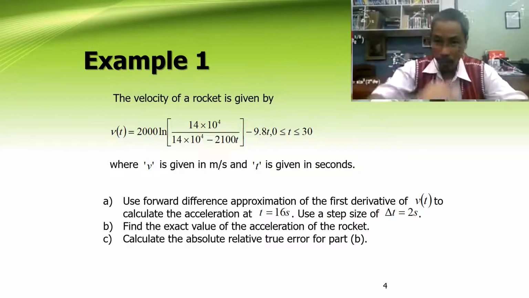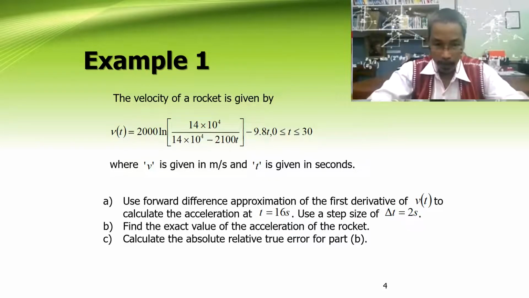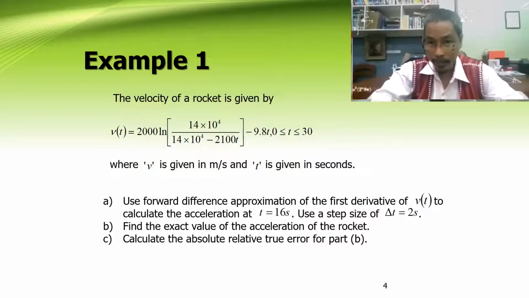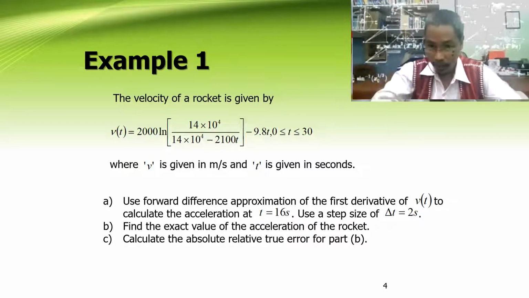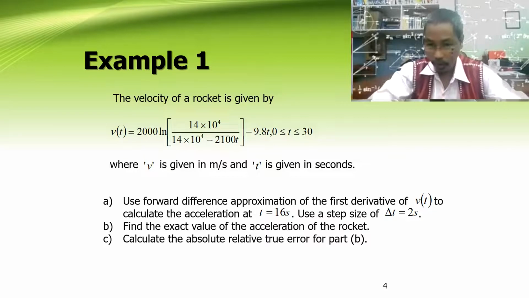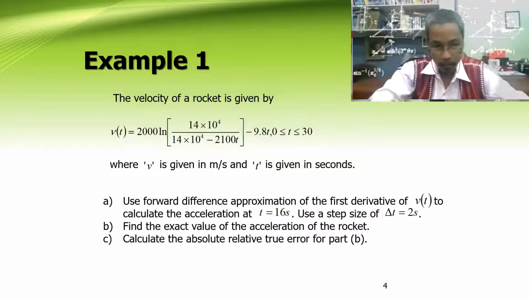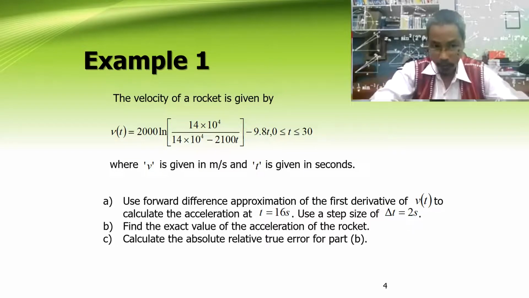In our previous slide, that was delta x, because x was the variable, and now the given variable is time. So delta t is equal to 2 seconds as given by this problem. Okay, so we can do that.